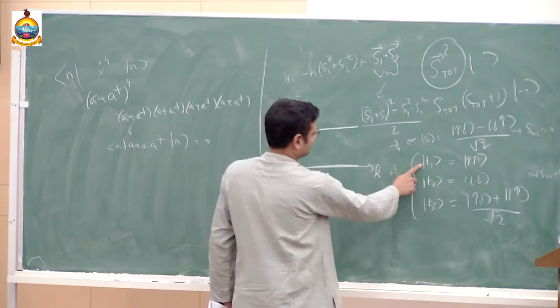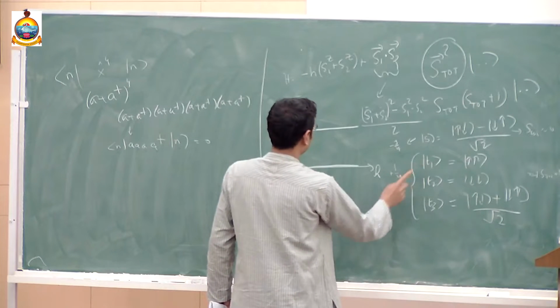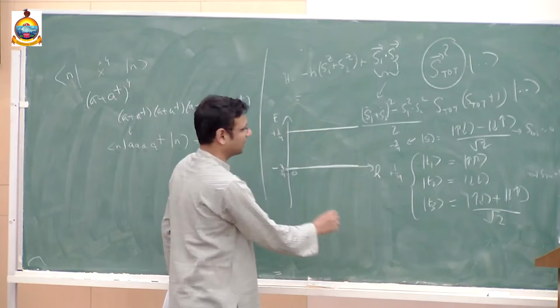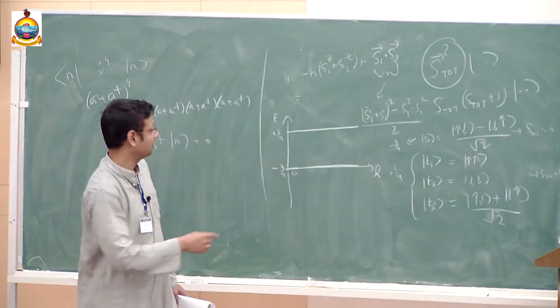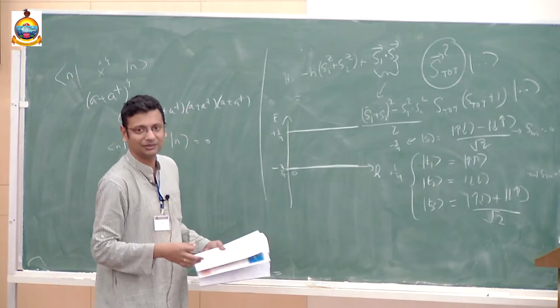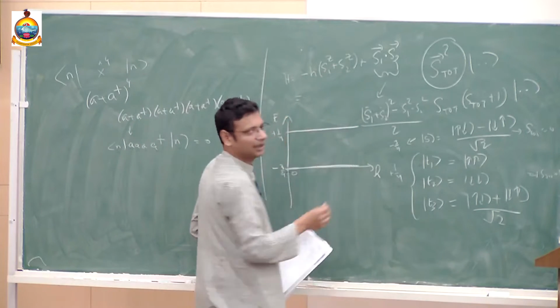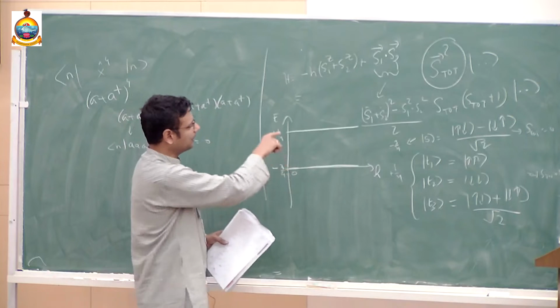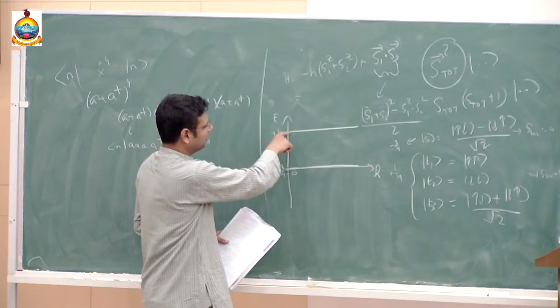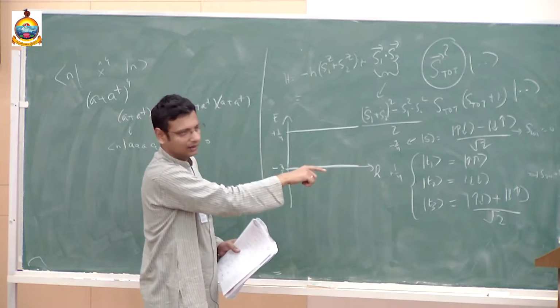What about the other two states? Let's first look at this guy. But what is the slope? Plus 1 by 4 plus what or minus what? Actually h, because it's spin half. So for up it will be plus 1 by 4 minus h, correct?